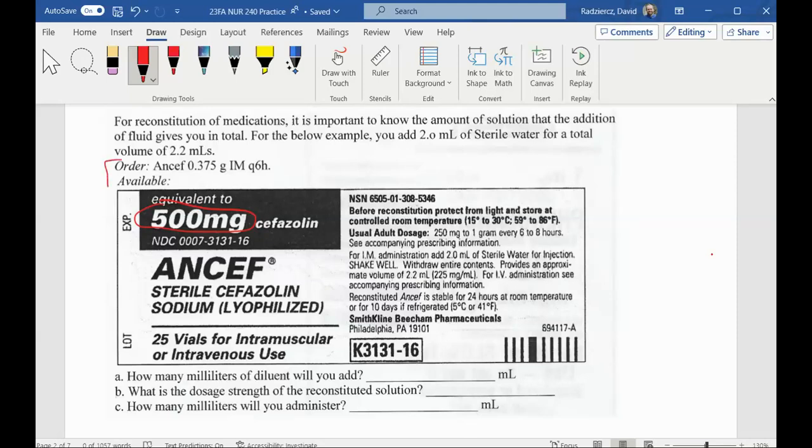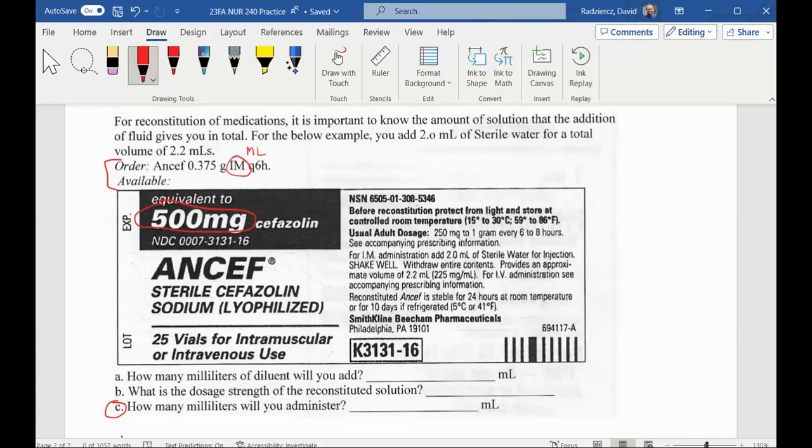It says ANSEF 0.375 grams, intramuscular. Intramuscular tells you it's an injectable, and that you are looking for milliliters. At the bottom, part C, how many milliliters will we administer, is how that question would be asked. Parts A and B probably wouldn't be on a typical question. You'd get this label and then be asked how many milliliters you would administer given the order.